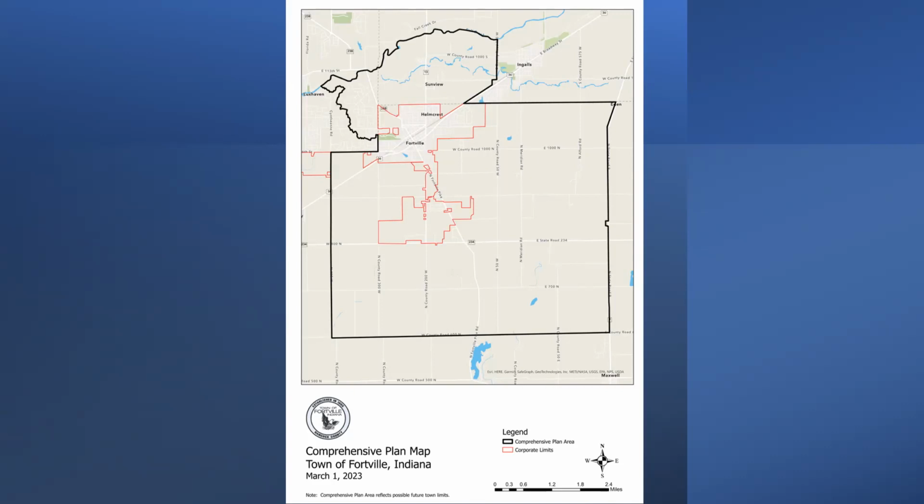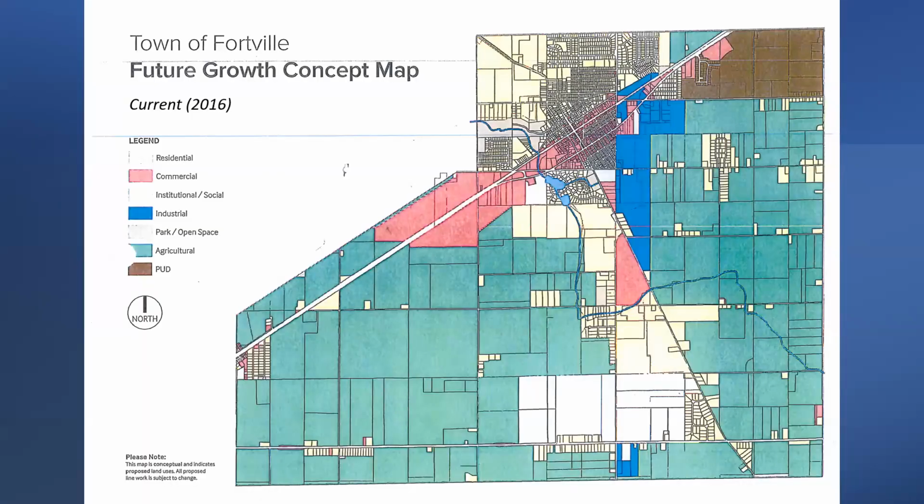My only concern with this is, if we're going to start updating this for how we want the town to grow, I'm looking at all this agricultural, and the way these farmlands are parceling off and selling to developers. Windstone is one, Mount Vernon North is another. It looks like they're trying to sell off some more land right around there.